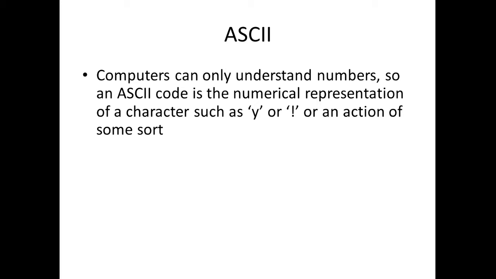What this basically means is that when we put any form of input into our computer, such as moving the mouse or typing letters on our keyboard, there's going to be a numerical representation associated with the particular action that we're taking. That numerical representation is going to be interpreted by the computer, and then the computer is going to send us back a message notifying us that we have typed or interacted with the computer in some way. And that's pretty much what ASCII is.